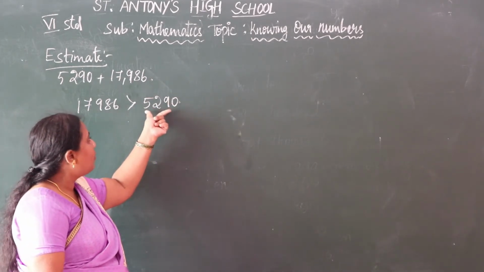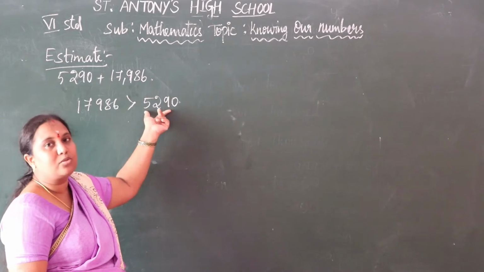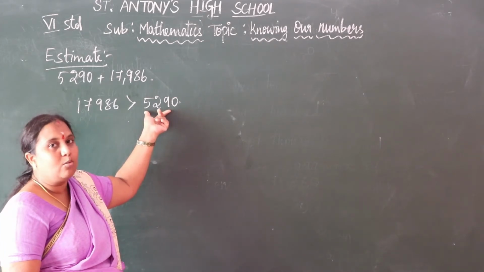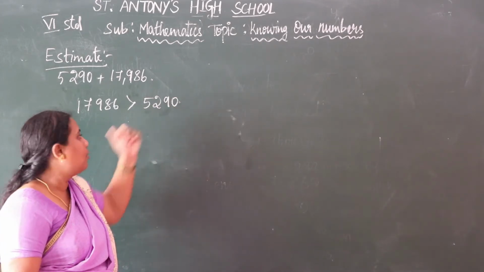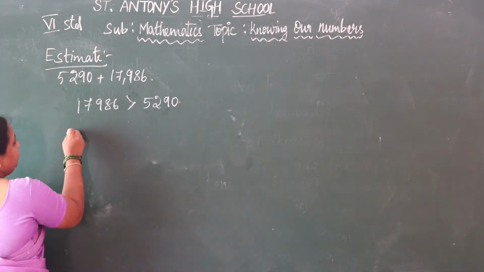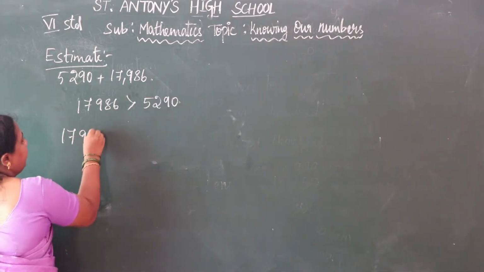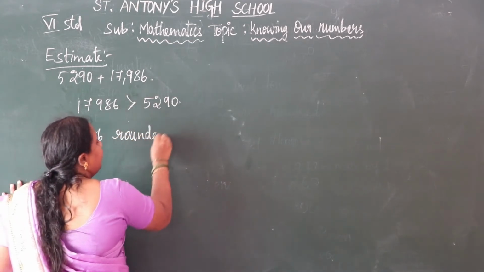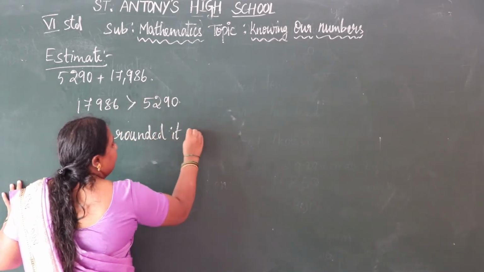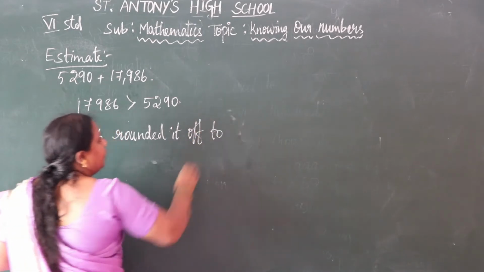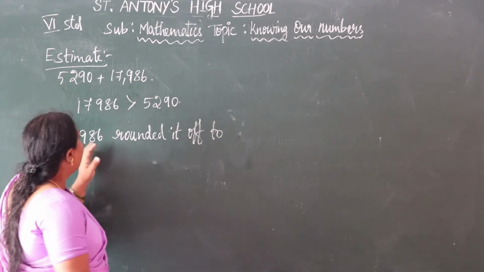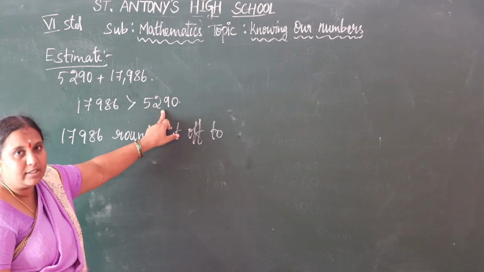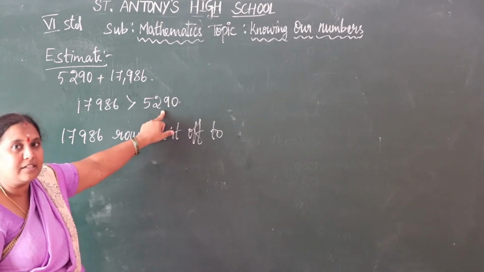Now let us see the smallest number here. The smallest number is a 4-digit number, so we round it off to 1000. Here we want to round 17,986 off to the nearest thousands.